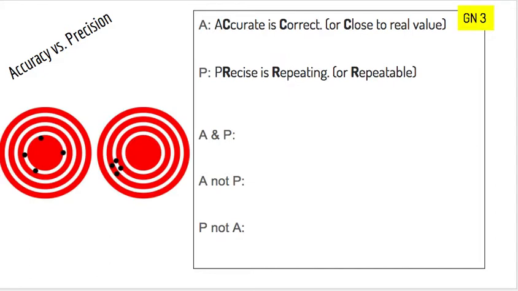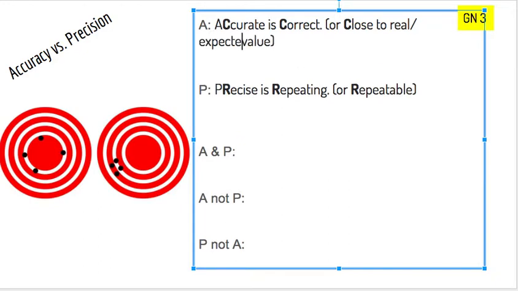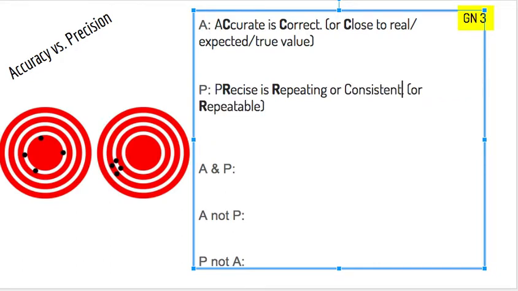Accurate meaning correct or close to the real, close to the expected value. We could add in here, or true value. Precise is repeating, or consistent, or repeatable.